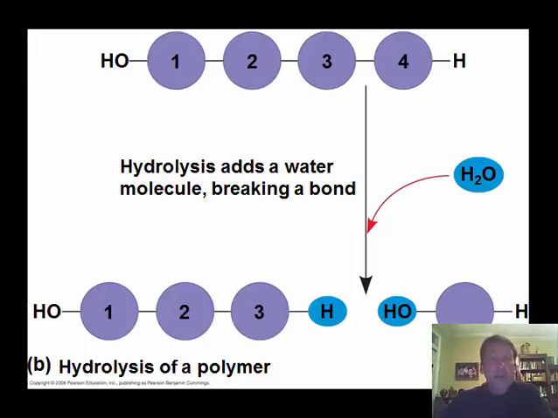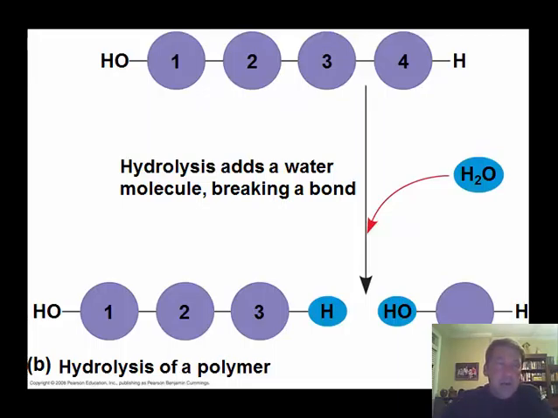Now we want to go into these four major molecules of living organisms. The first one we're going to look at are carbohydrates. So carbohydrates can be very complex.